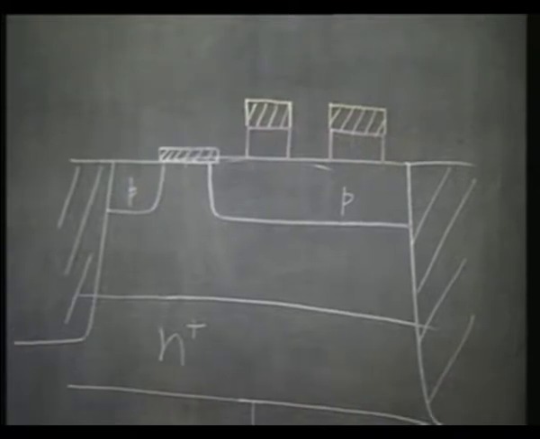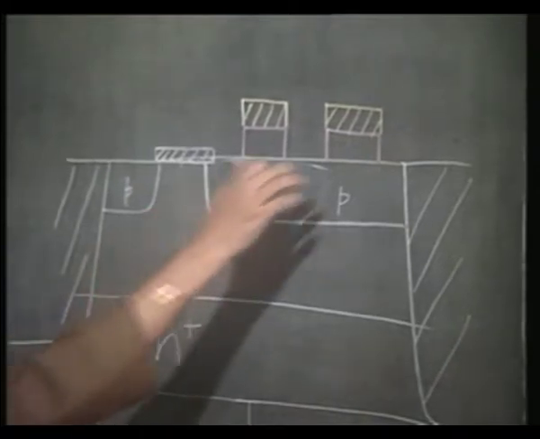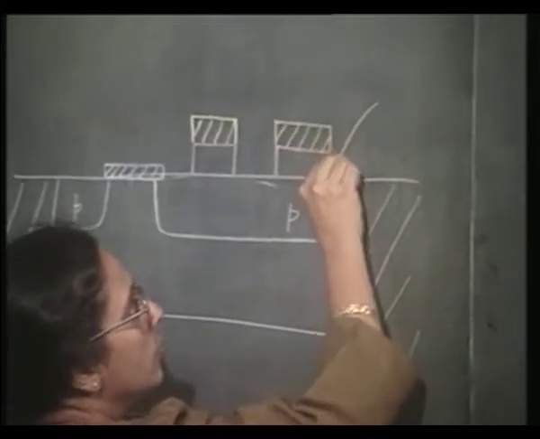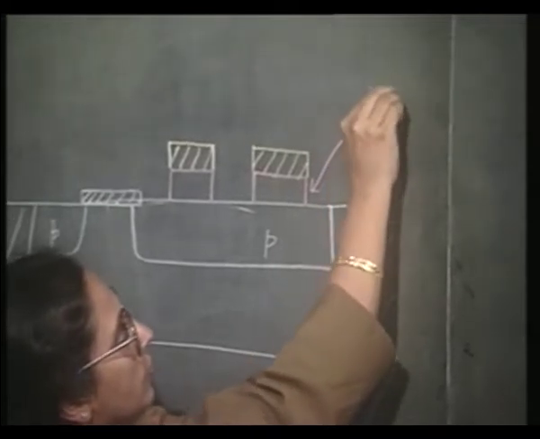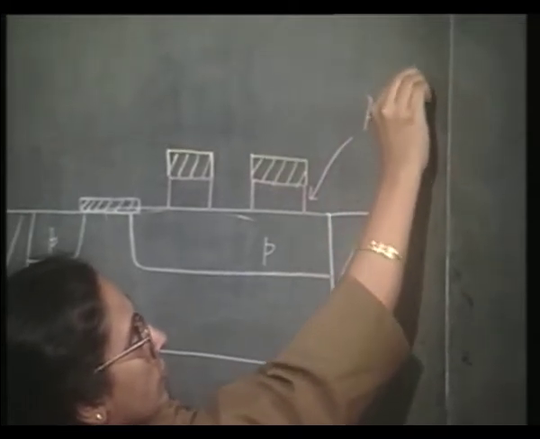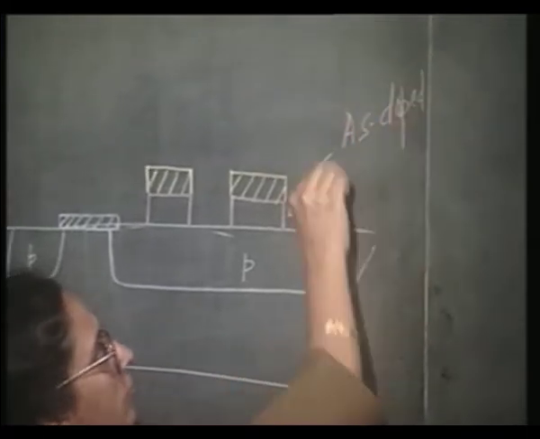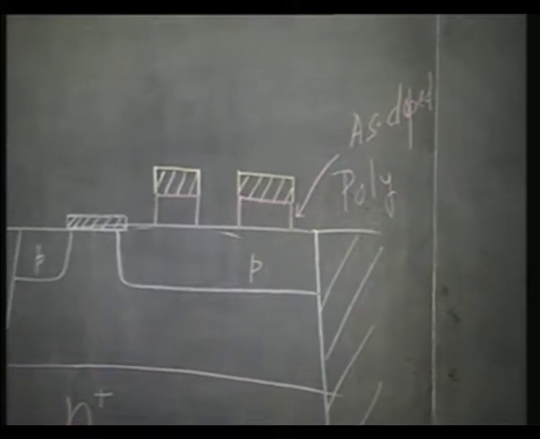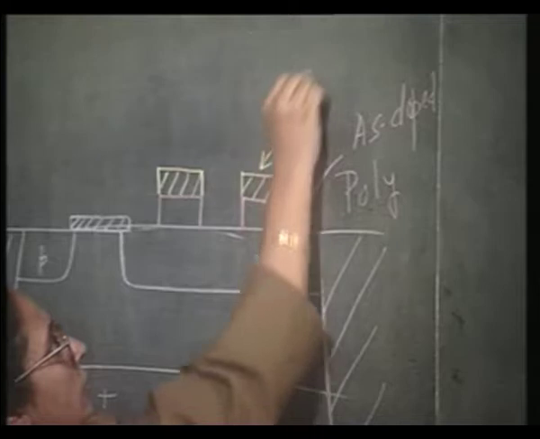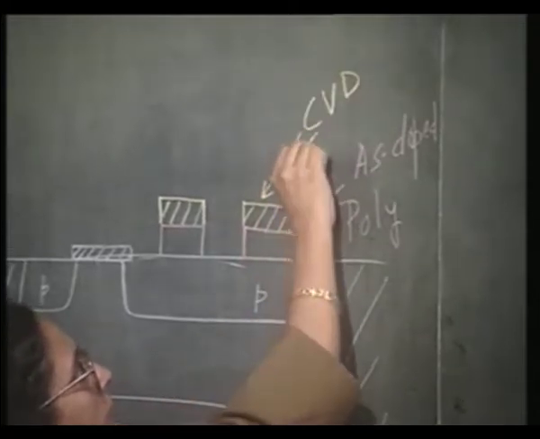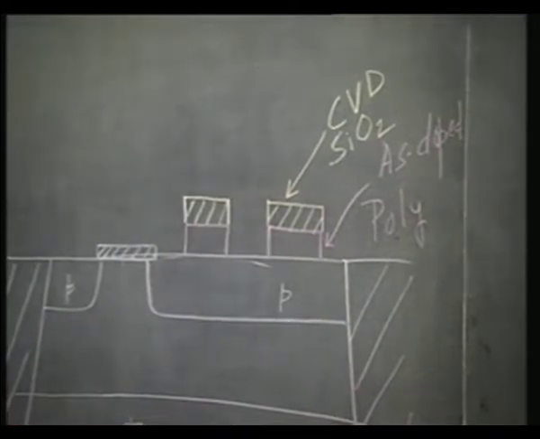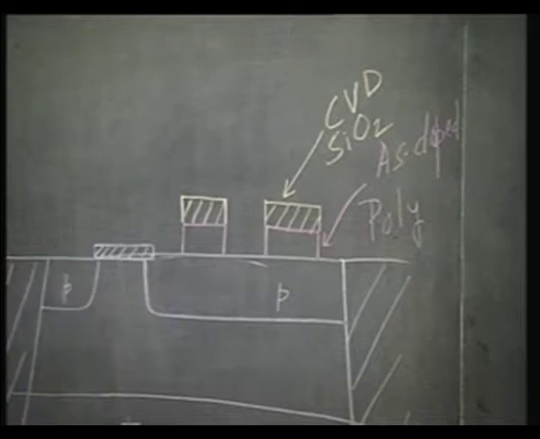That is to say, I have actually skipped one intermediate step. You first deposit this arsenic doped poly all over the region, then you top it up with CVD SiO2 and then you pattern it so that it is retained only over these regions.